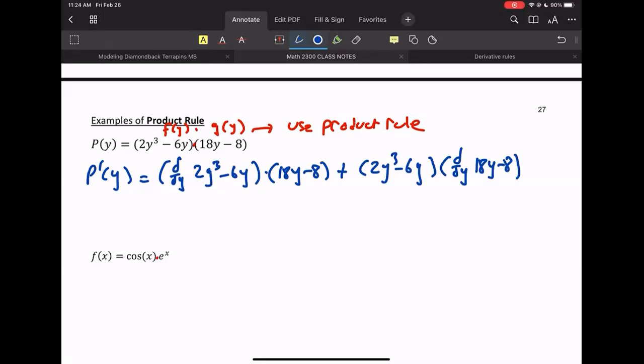I don't want to keep clicking back and forth, so it'd be a good idea if you had those rules out so you can refer to them. But you see how this is my f prime g, f g prime. What do you think? How's that look?